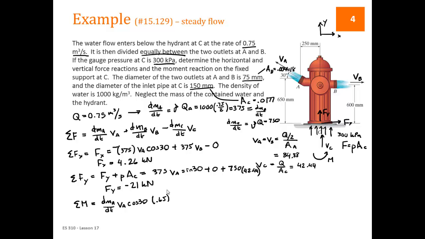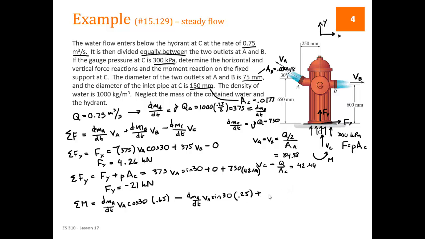And that is a positive moment. The y part is going to be dma dt times VA sine of 30, and the distance there would be this 250 millimeters, right, moving out from point C. So that's 0.25 meters, and that is a negative moment, so that's minus.